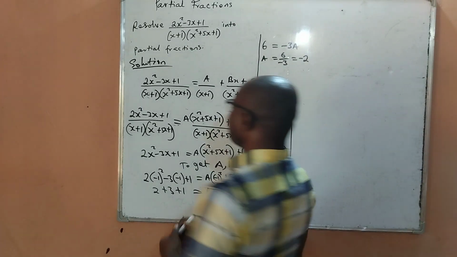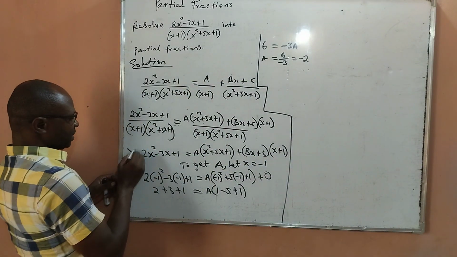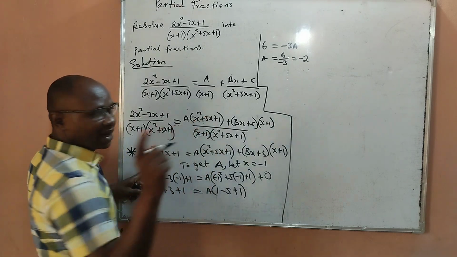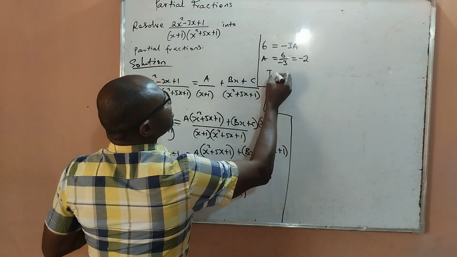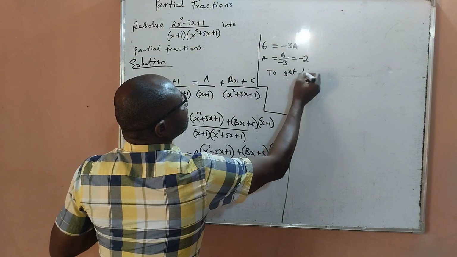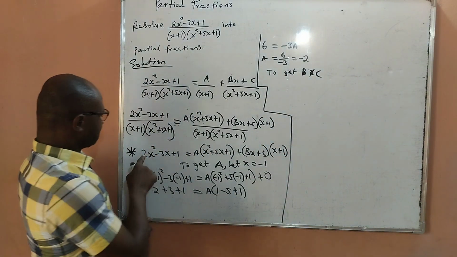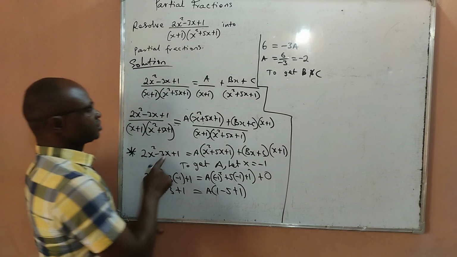Alright, now moving back to this place, which is very important, I'll still write it again. I want to get b and c. To get b and c, I still take this forward.